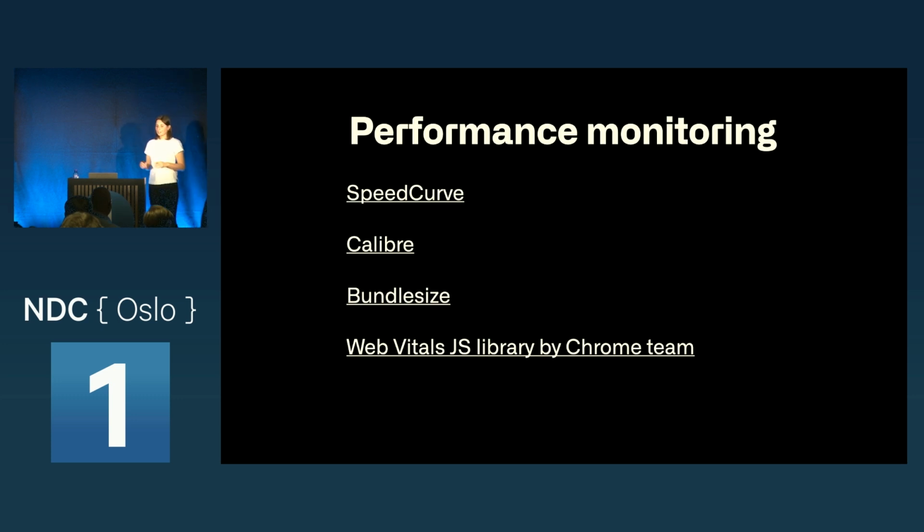You can set specific files, but also types of files. For example, I don't want any JPEGs to be more than 50 kilobytes, and you can set it up with the CI so that it fails the CI if someone puts too big of an image. I set it up, and it's really saving me sometimes. People are just forgetting to optimize the image or some file, and it's saving us from these mistakes.